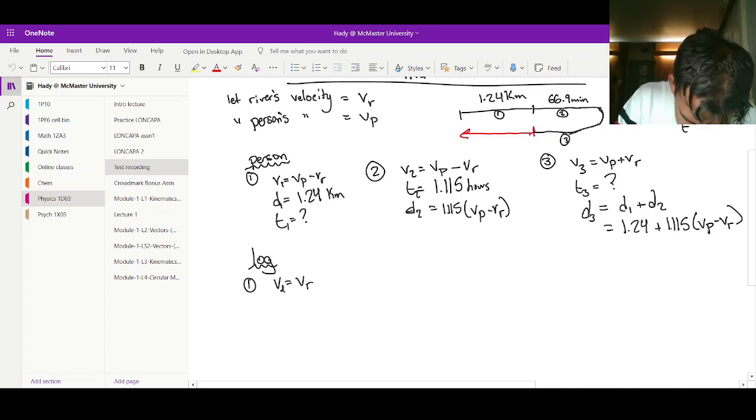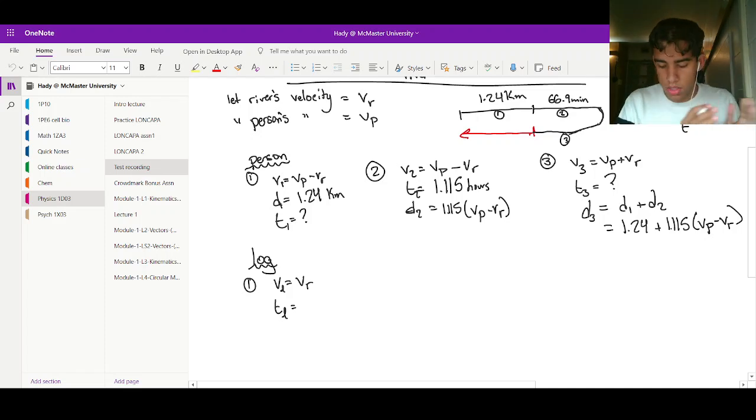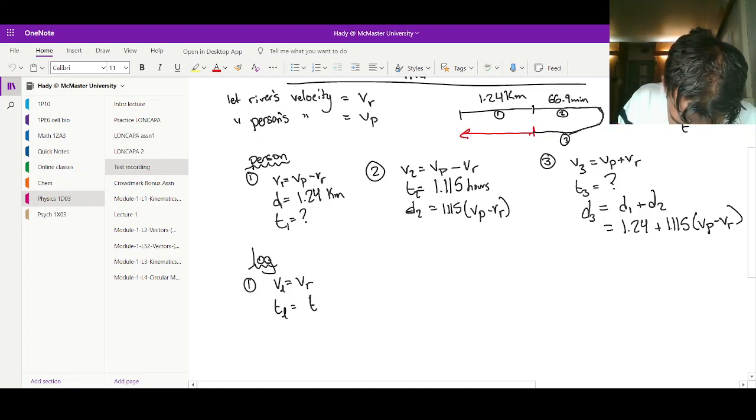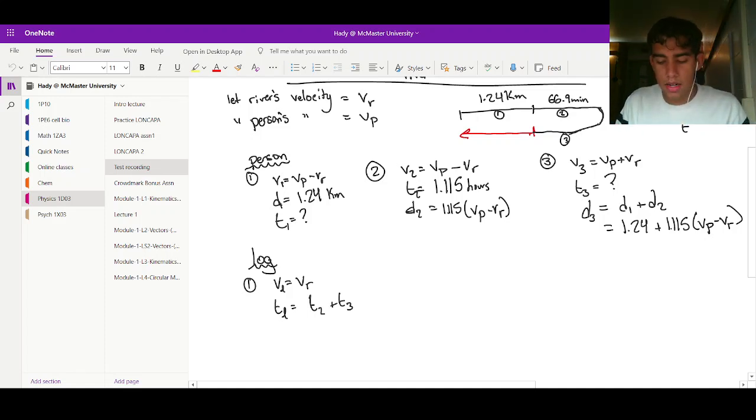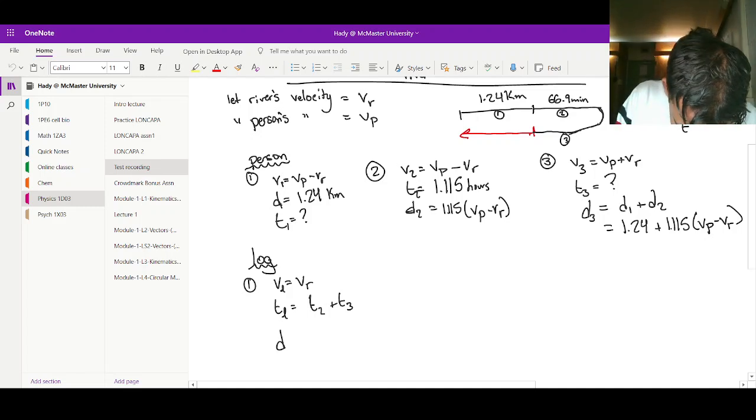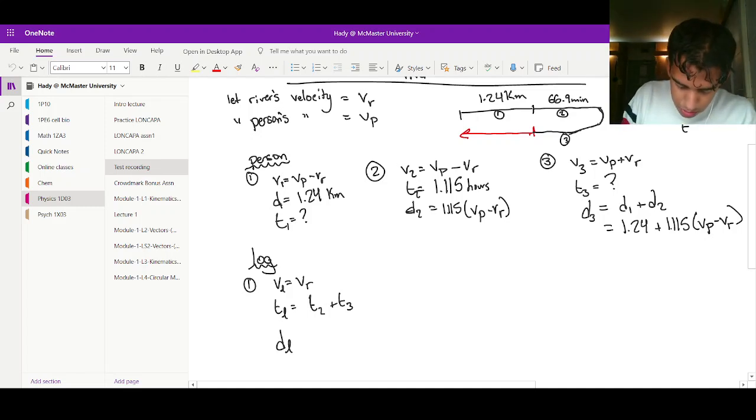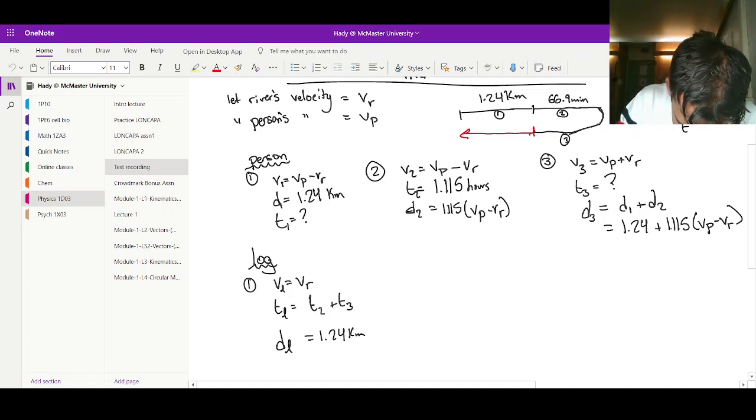The time for the log, from when it met the boat to reach the end, is the same as t2 plus t3, because it meets the boat right before t2 starts. And we know the distance of the log is equal to 1.24 kilometers. So in this way, we can calculate VR.